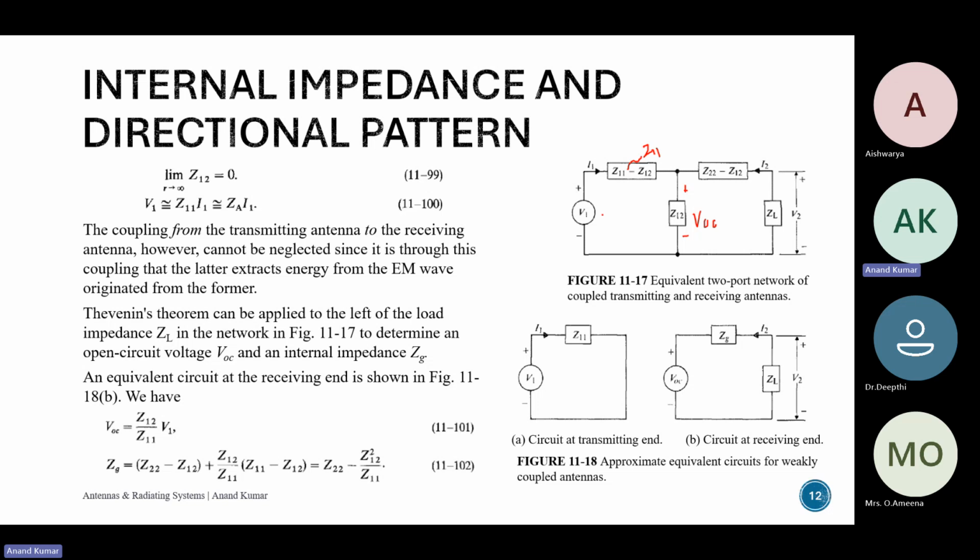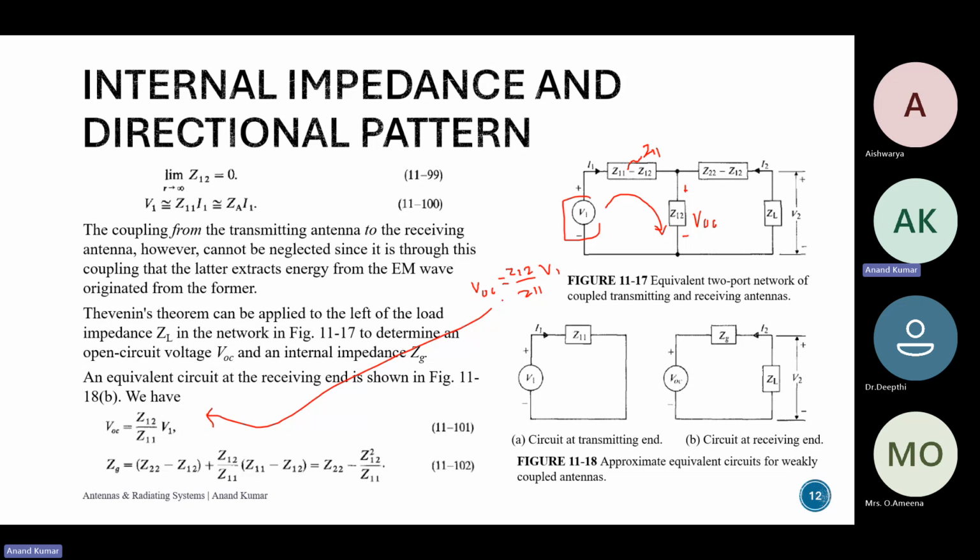And if we use KVL over here, this VOC would become Z12, the impedance through this, by Z11, into this source voltage V1. So this is what we have gotten over here. This is the open circuit voltage VOC.